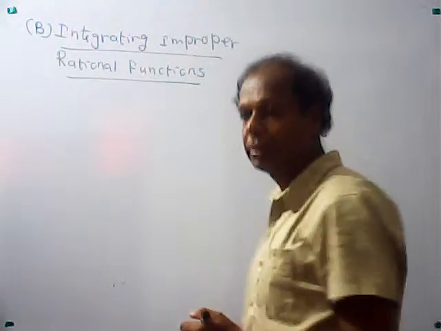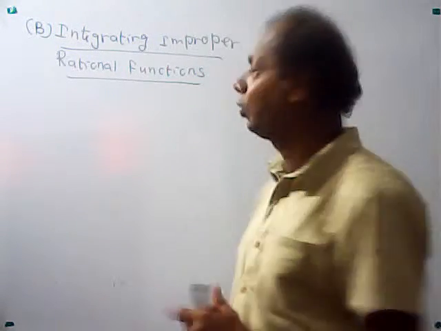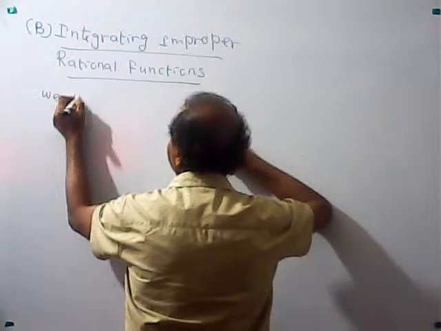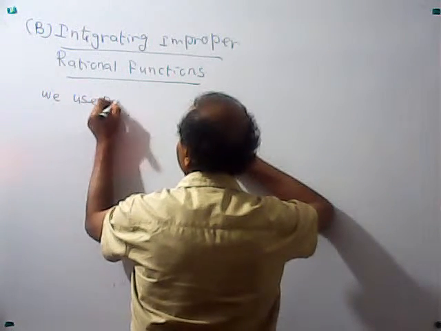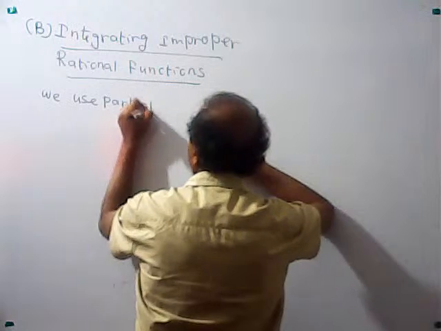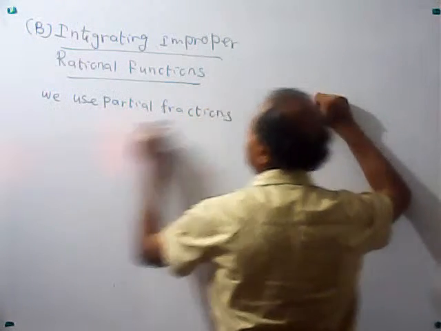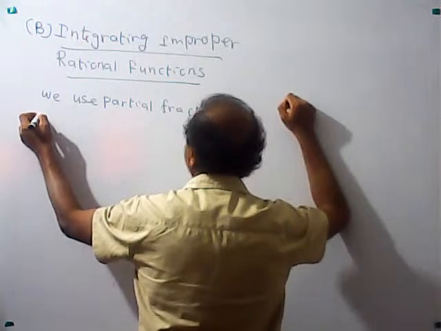Right. How to integrate improper rational functions? Only one sentence we write. We use partial fractions. There are ways of writing partial fractions for improper rational functions.